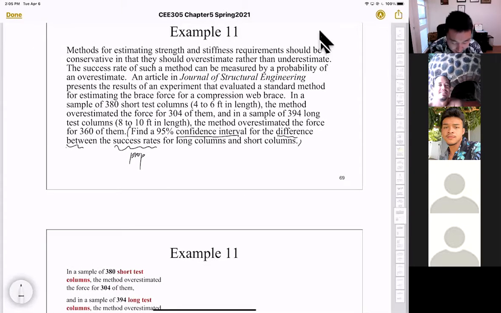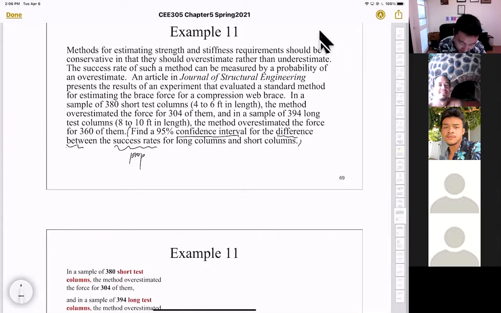A method to estimate strength and stiffness requirements should be conservative in that it should overestimate rather than underestimate. So the success rate of such a method can be measured by the probability of overestimate. There is a paper presenting the result of an experiment that evaluates a standard method for estimating the brace force for compression web brace, which is one of the structural members.